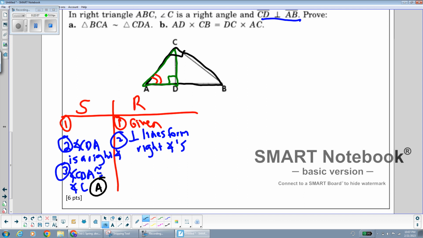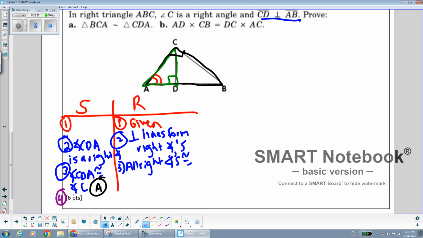And that will be 1A that I need for AA, because that's the right angle in the big triangle and the right angle in the small triangle that we're proving similar. And our reason for that is all right angles are congruent.